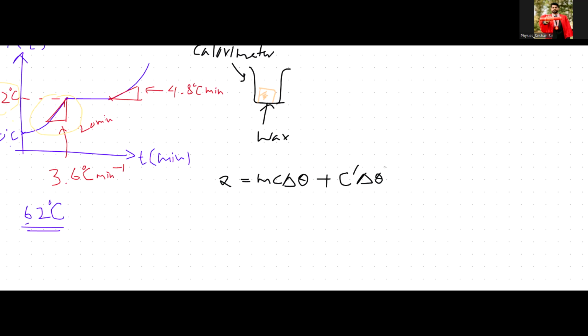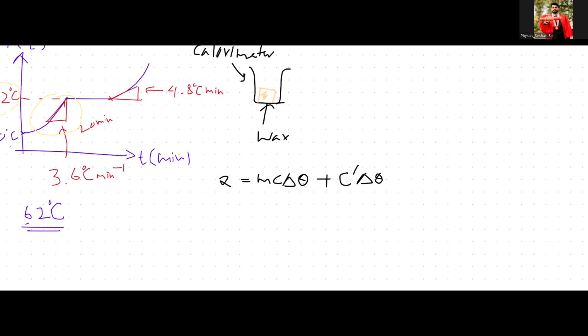Heat capacity into the change in temperature gives the amount of joules it absorbs. So here the Q is equal to mc delta theta. That is the very fundamental equation: mass into specific heat capacity into change in temperature. We don't know the change in temperature, but we know the rate of change in temperature.